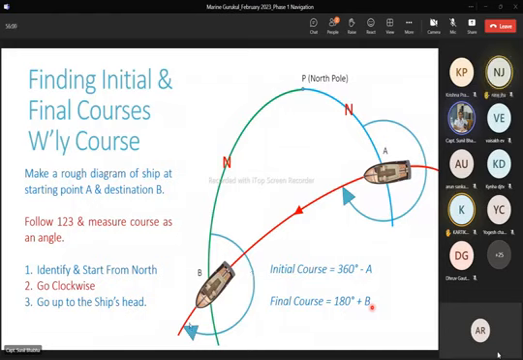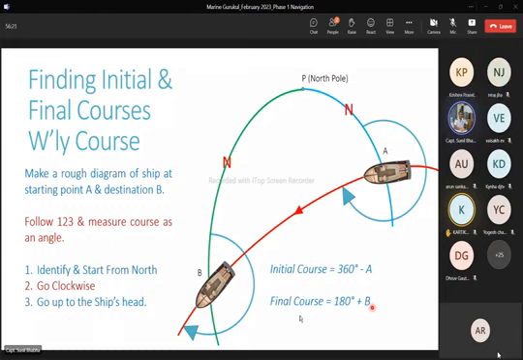So this is what we require. What we have found out is the inner angle B. So you see from the stern of the ship up to the head of the ship is going to be 180 degrees. If you add this 180 to our angle B, you get the final course of the ship. So were you able to understand that better?